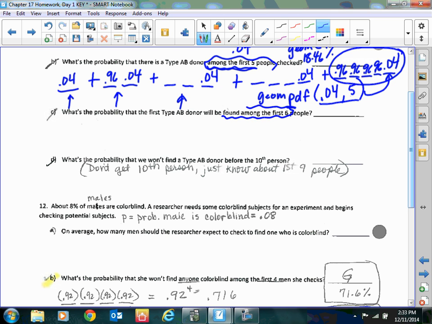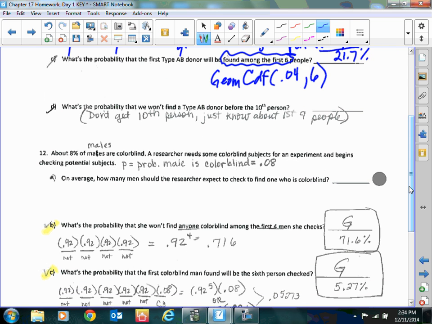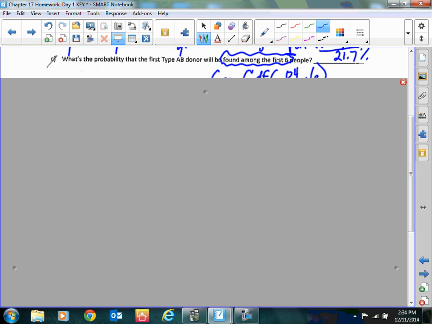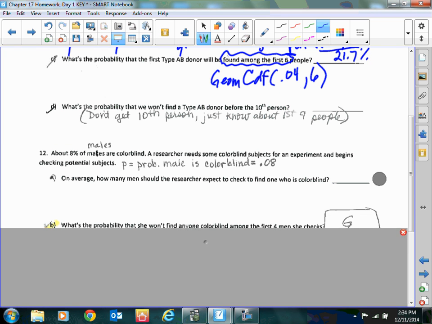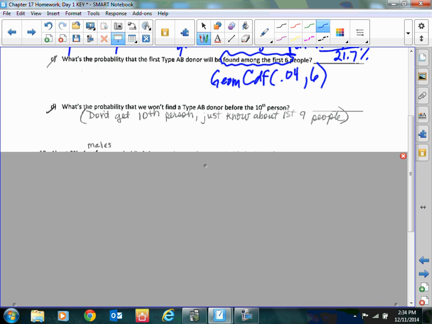Anywhere amongst the first 6. So it's the same: geometric CDF of 0.04 amongst the 6, which is 21.7%. Okay, now with D, you kind of think that this is another one of those geometric ones. So let's look at this. What's the probability that we won't find a type AB donor before the 10th person?